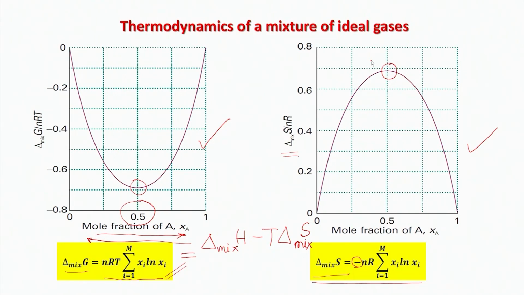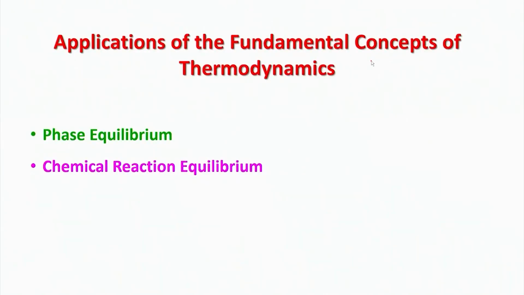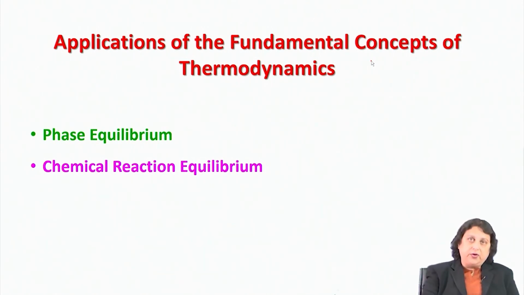So now we have seen this example where I have a spontaneous mixing of an ideal gas. The other instances which employ the fundamental concepts that have developed here that involve changes in composition are phase equilibrium and chemical reaction equilibrium.